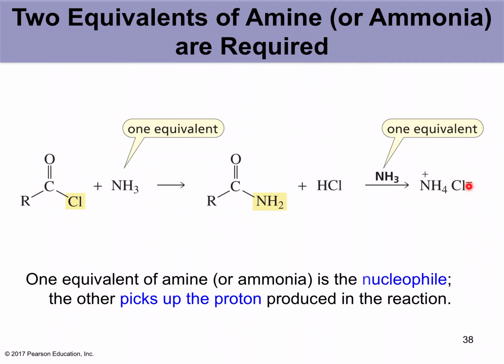That is to protect the product, because sometimes, if you don't do that, the nitrogen can grab a proton. So one equivalent of amine or ammonia is a nucleophile, and the other picks up the proton produced in the reaction, the H plus ion. So we normally use two equivalents to make the amide from an acyl halide.